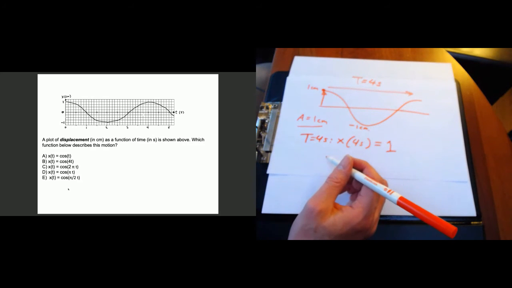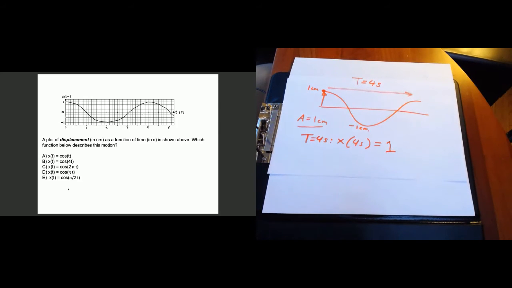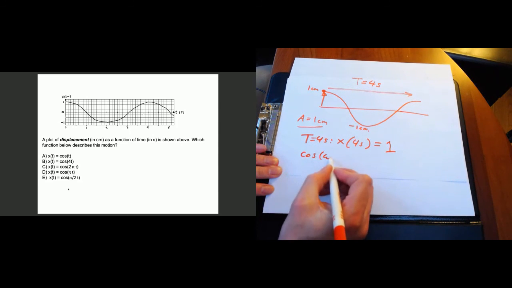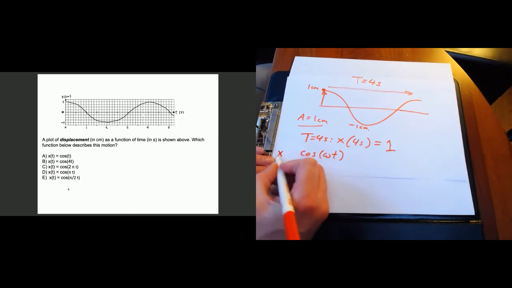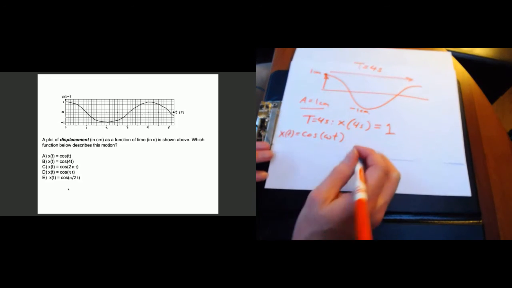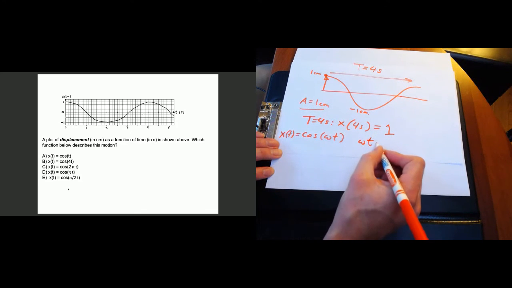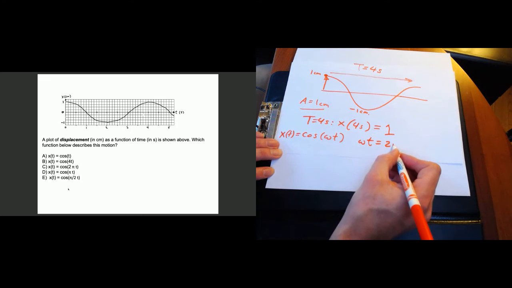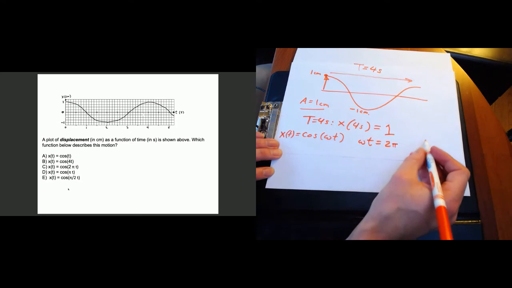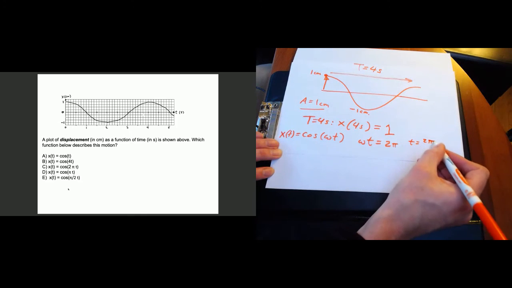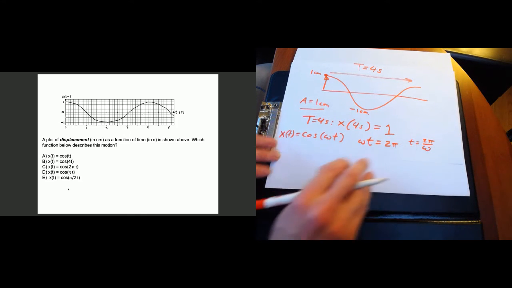Let's look at the function cos of omega t. All of these can be written like that. The next time that this function goes to 1 is going to be the time when omega t is equal to 2 pi. And so that time is equal to 2 pi divided by omega.